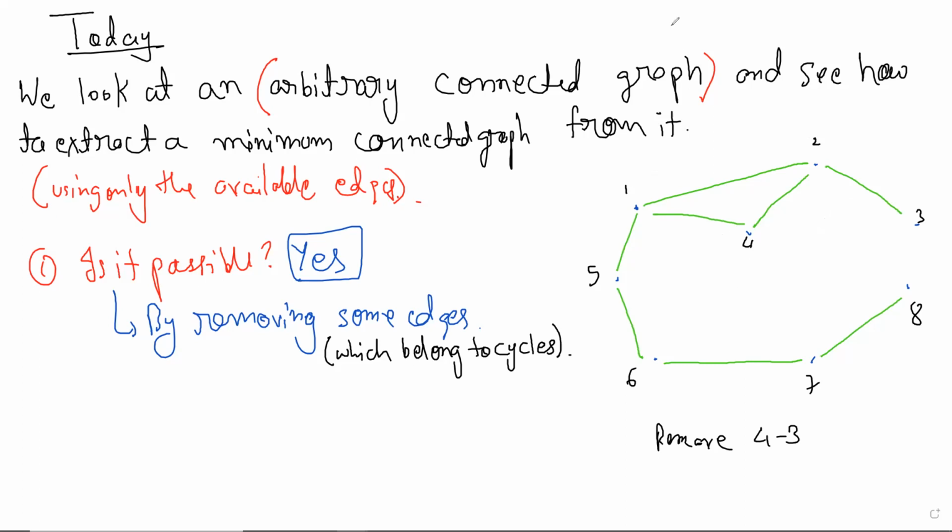We have seen that earlier. In the next step, again, you can remove either 1 2, 2 4, or 1 4. Just remove 1 4, for example. Here it doesn't matter which one you remove, but later on it will matter, and that's when it will get interesting.